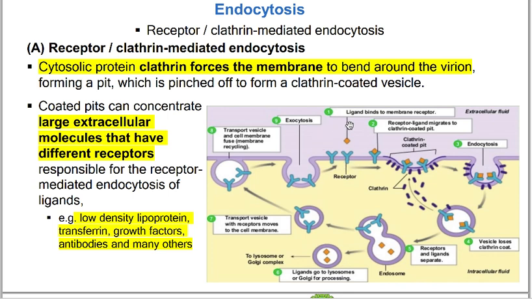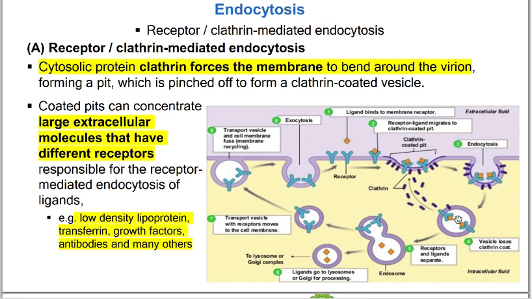When ligand binds to the membrane receptor, the cytosolic proteins, clathrin, which are available in the cytosol, migrate to the nearby plasma membrane and force the membrane to bend around the virion, forming a pit, which pinches off to form a clathrin coated vesicle.